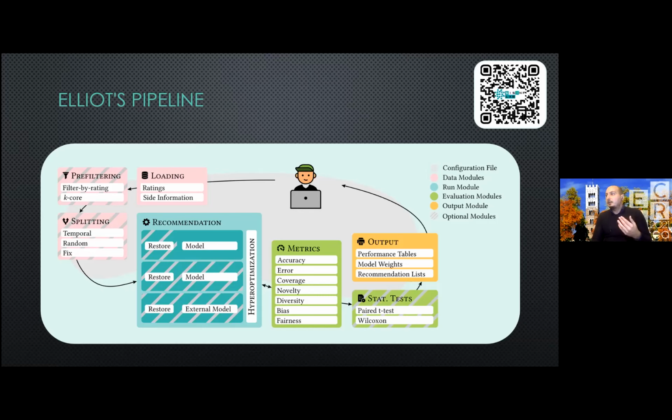It is no longer enough to evaluate only accuracy or errors. Now we need to evaluate bias. Now we need to evaluate fairness. And obviously we need to evaluate novelty, diversity, and so on.